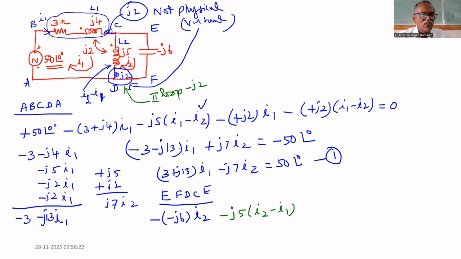For that mutual inductance it is minus j2, because I2 is leaving the dot and I1 is entering the dot. We are traveling along I2 here, that's why minus.